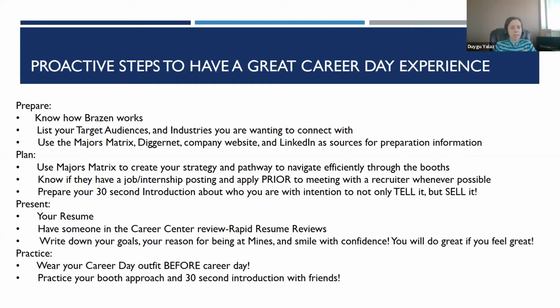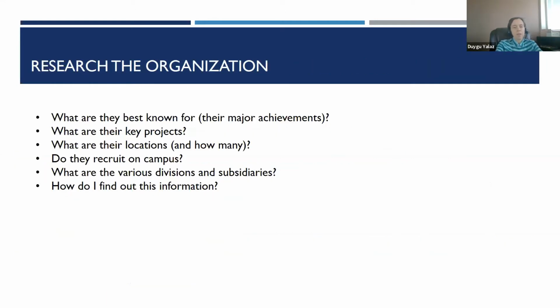So as you can see here, one of our suggestions is researching the organization, and I would like to talk about that next. So while looking at the company and what they do, what operations are they involved with, what potential positions they have, these are other questions that you can ask, like what are they best known for? What are their key projects?